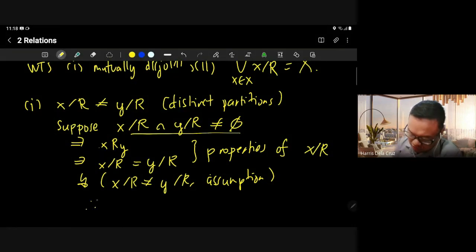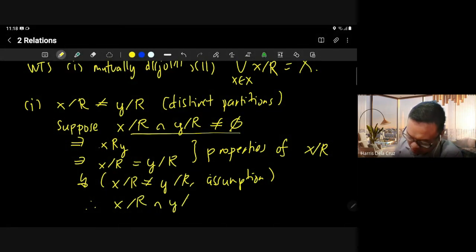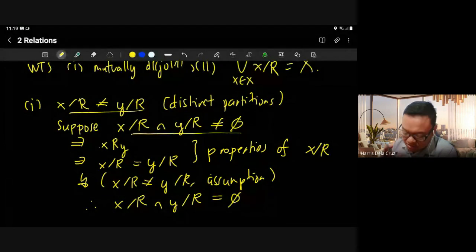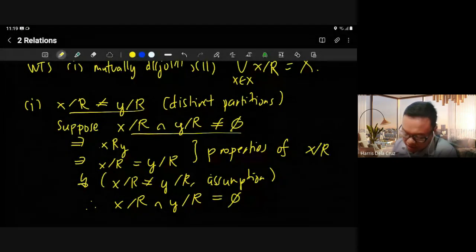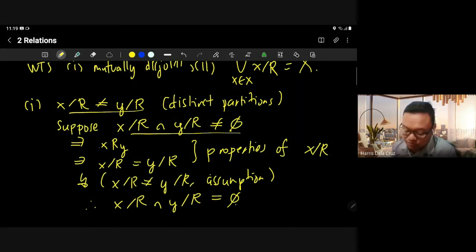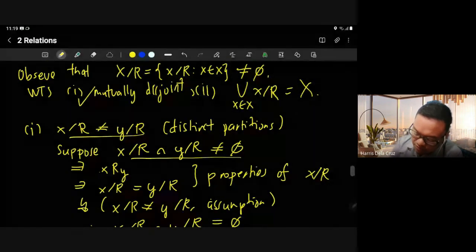So therefore, ang totoo, x over r intersection y over r is empty. So whenever the equivalence class x over r is not the same as y over r, then their intersection is empty. So mutually disjoint. Okay na tayo dun. So we're okay with this one.